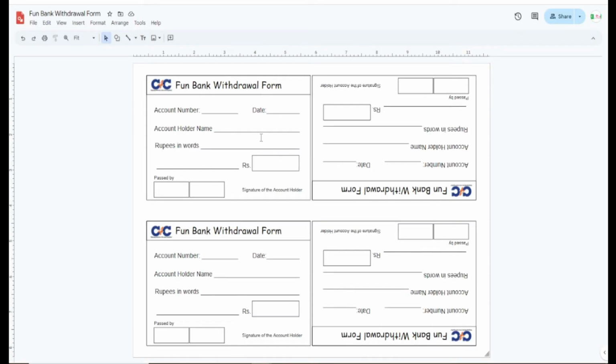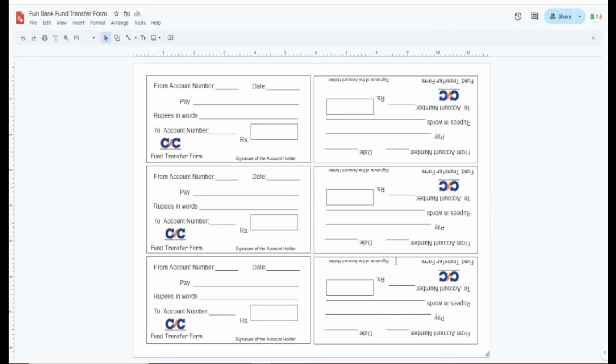Next is the withdraw form. Just like that, it's the withdraw form. And the later process is the fund transfer. If they want to share their funds with their friends, they can transfer it.